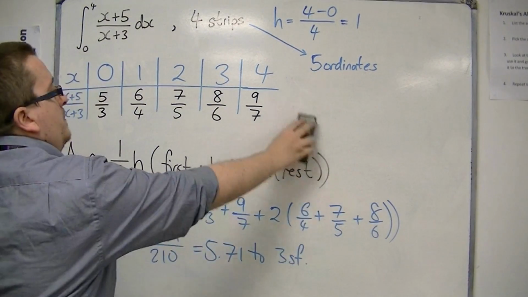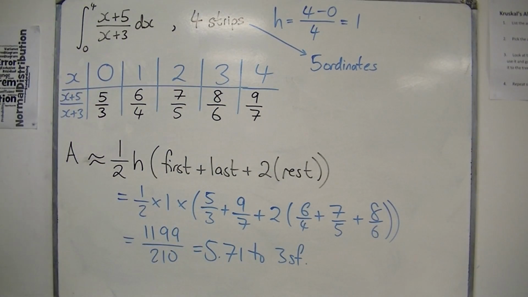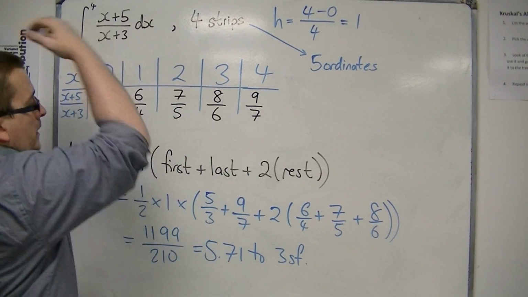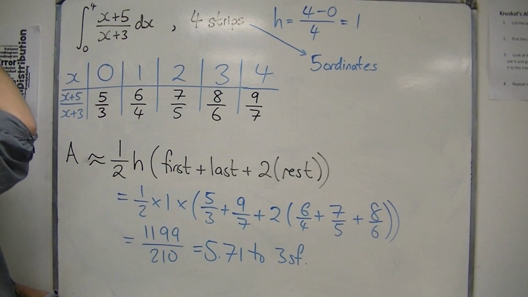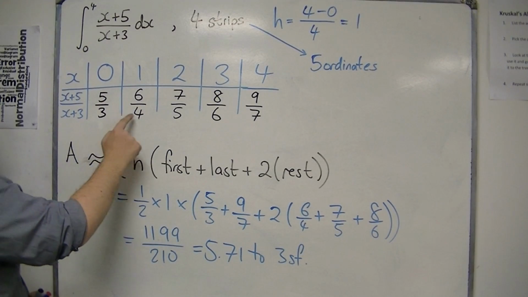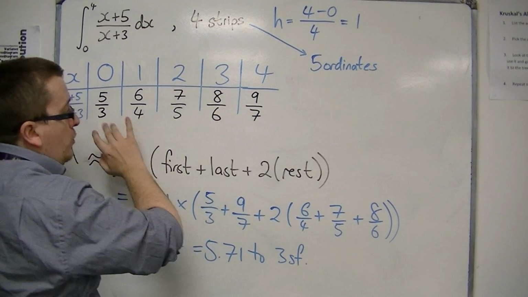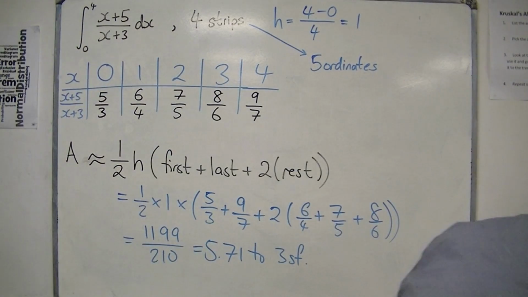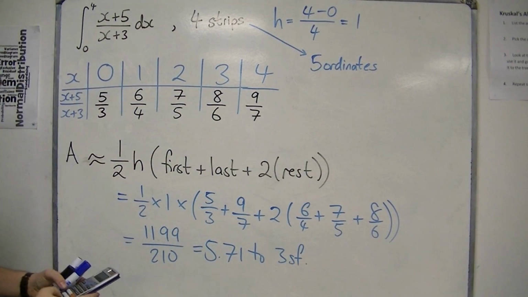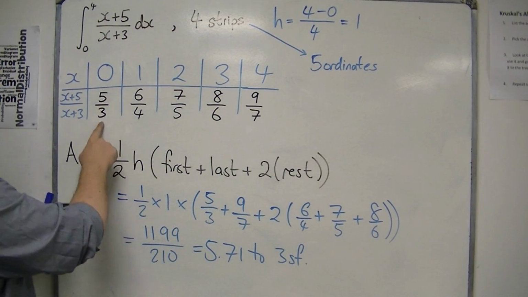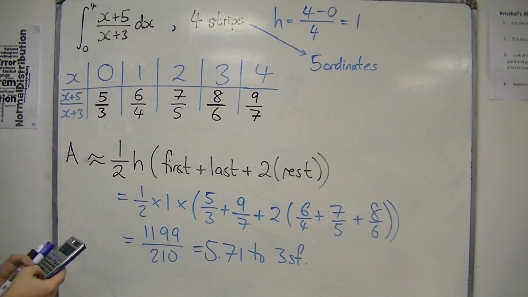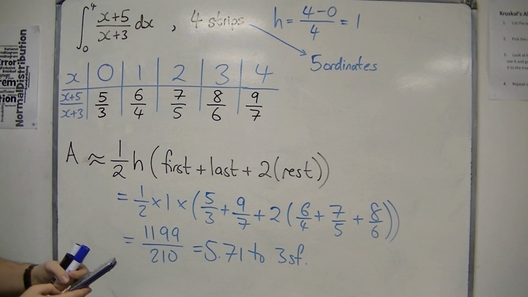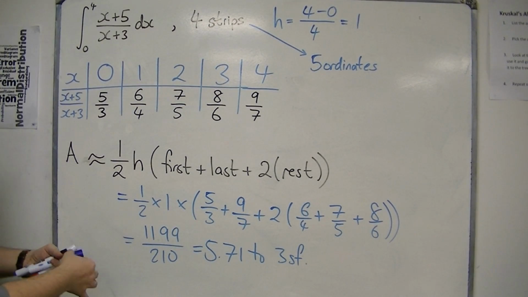Now, how that can be done is by looking at the y-coordinates. As you look at them, you could plug them into a calculator. 5/3 is 1.6 recurring, or 1.67 to 2 decimal places, and 9/7 is 1.29.